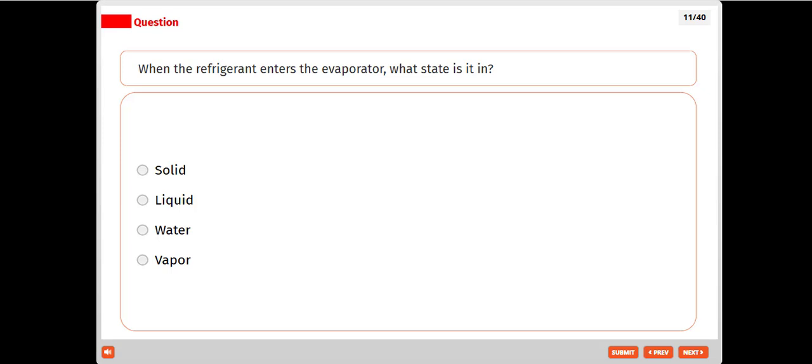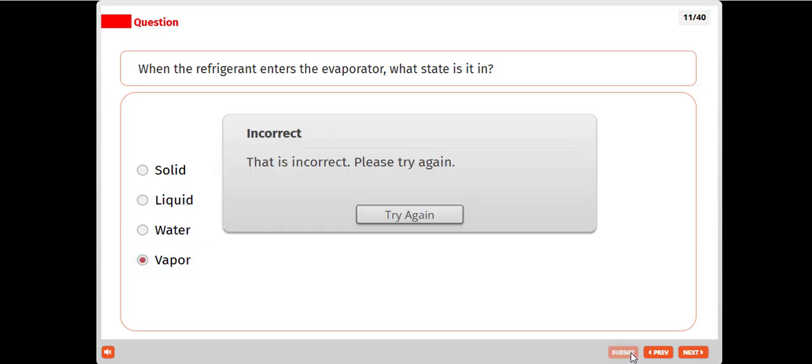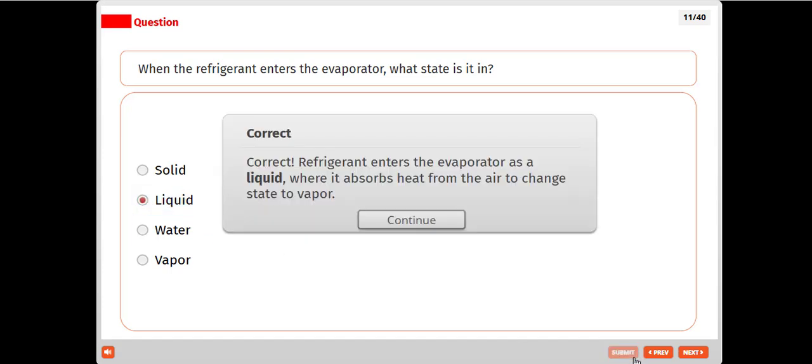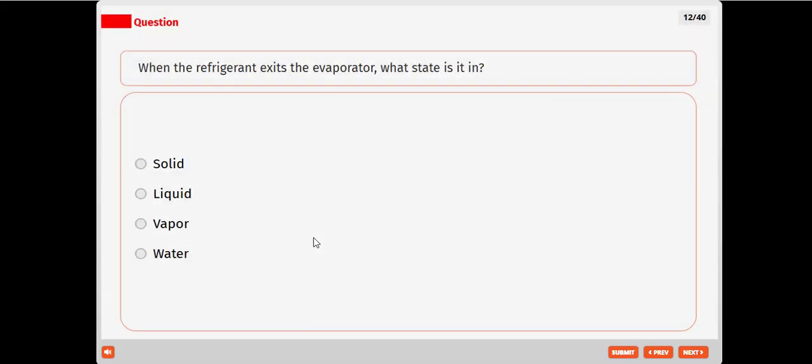When the refrigerant enters the evaporator, what state will it be? It will be vapor. Sorry, liquid. Refrigerant enters the evaporator as liquid, where it absorbs heat from air to change the state to vapor.